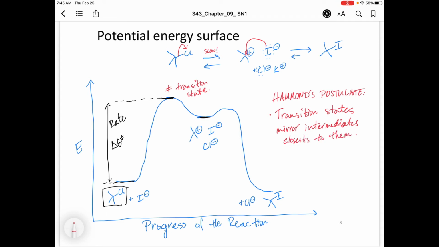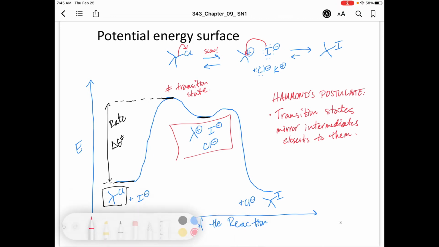So when we think about this, which intermediates are closest to the transition state? Well, that would be this intermediate here. So our transition state really looks similar to a carbocation. And that's exactly true.